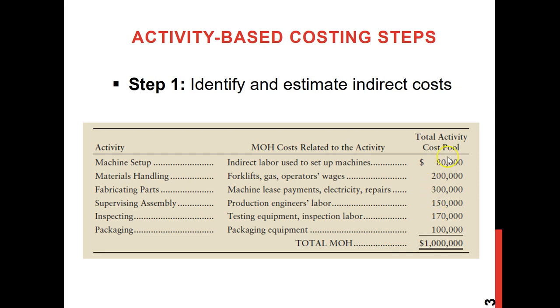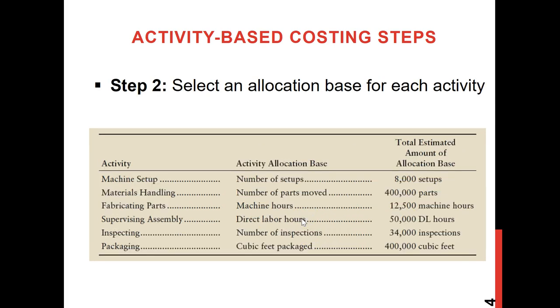Now, these costs will again be driven by some cost driver or allocation base. So now we will check what the allocation bases are. For machine setup, the allocation base is the number of setups. That means your machine setup cost will be driven by how many setups you actually need.